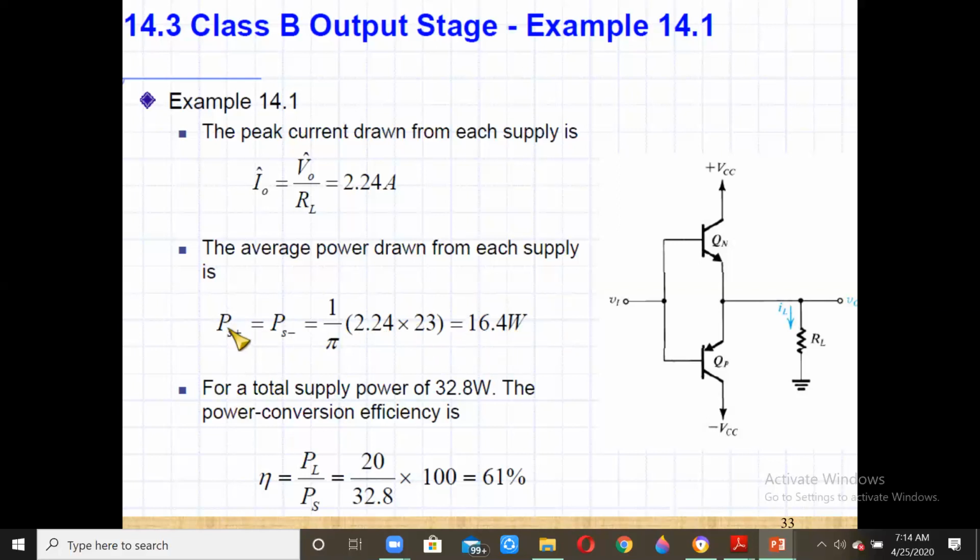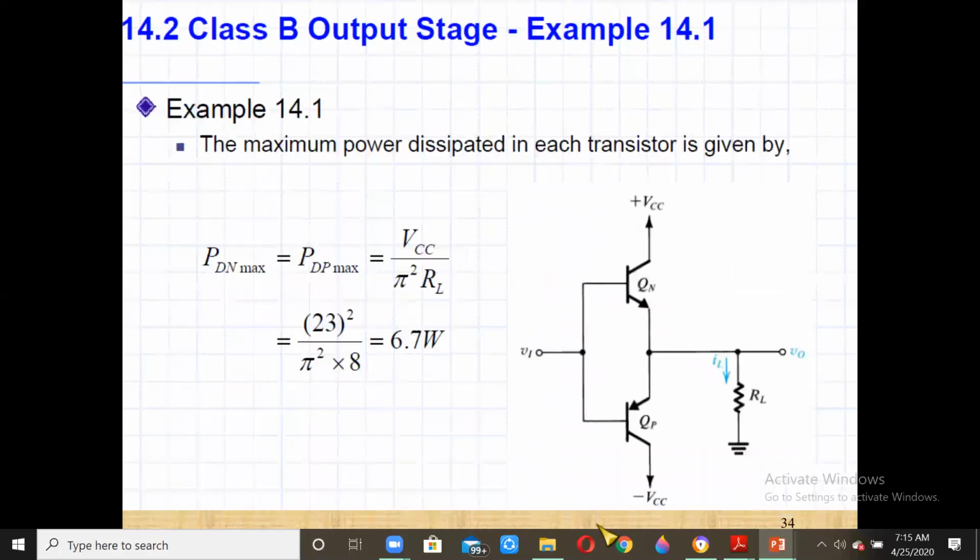So PS plus and PS minus together will become 32.8 watts. The power conversion efficiency will be PL over PS, where PS is double this, that is 32.8, and that is what is written here. So we will get 61% efficiency.